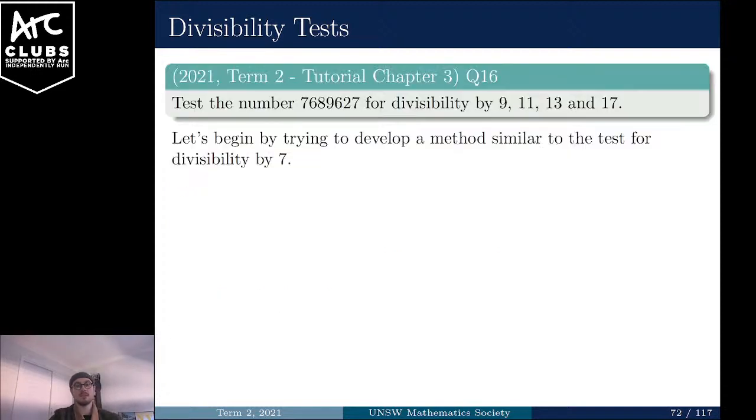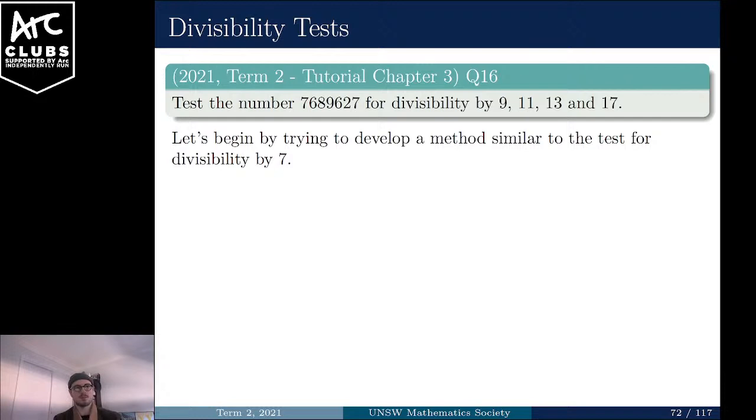Cool. Okay, for 17, this is a bit more convoluted. So let's begin by trying to develop a method similar to the test for divisibility by 7. Okay, so if we look at the test for divisibility by 7, the reason this came to my mind is because in 17 there's a 7 in there, so I was trying to think of a test that would work like 11 and 13 with the alternate sum.